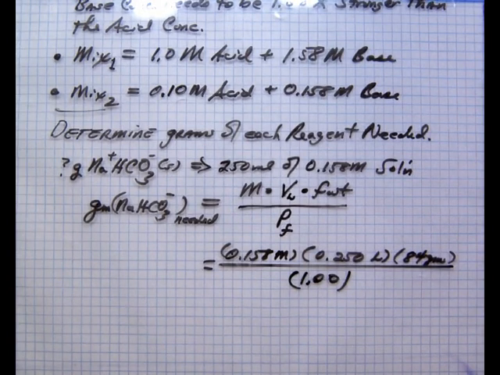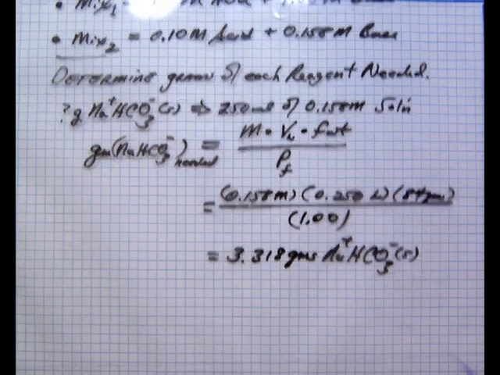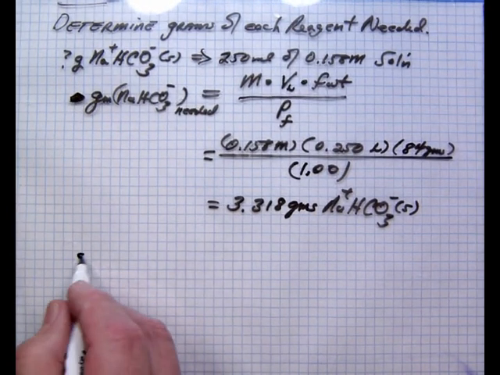But be sure to check the assay of the manufacturer to be sure. I get 3.318 grams of sodium bicarb. I'm going to put it in one beaker or weight boat, very carefully getting that mass. Then you need to do the same thing for the carbonic acid.